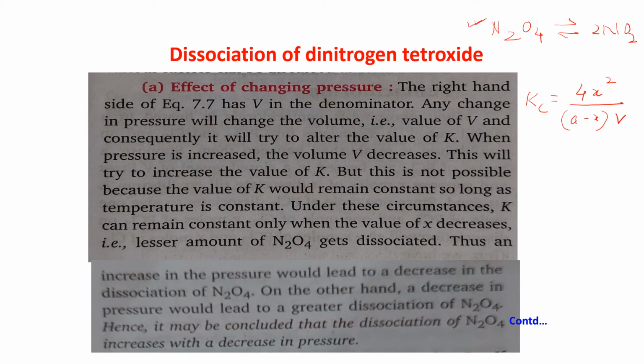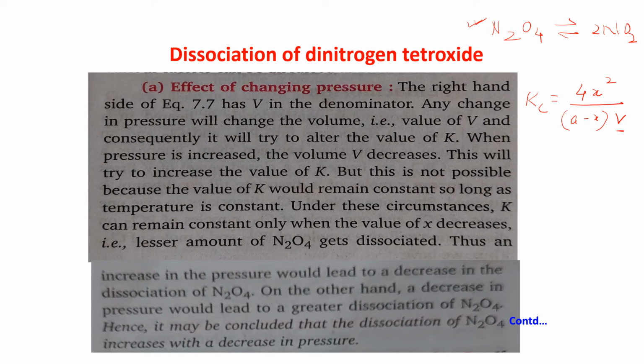Now, suppose I am changing the pressure. The right hand side of this expression has V in the denominator. Now, if I change pressure, naturally volume will change. If I am increasing pressure, volume will decrease. If I am decreasing pressure, volume will increase.